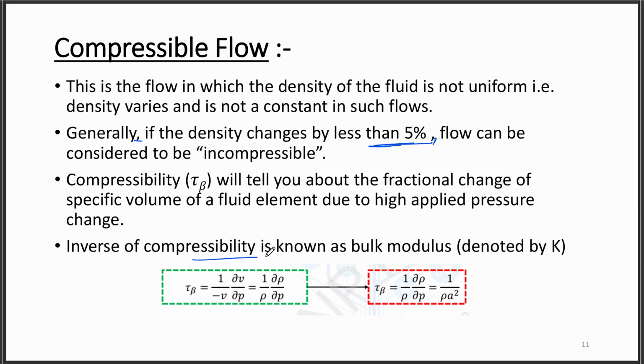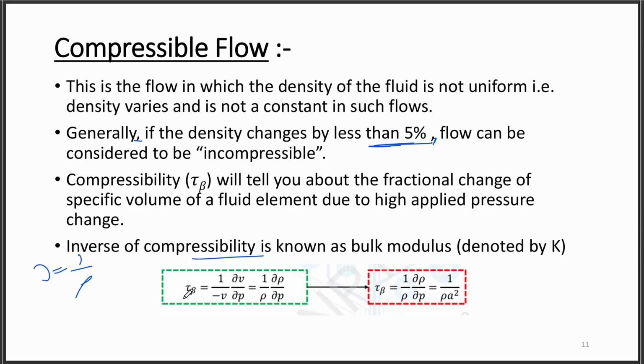And inverse of this compressibility is known as bulk modulus, which we denote by K. So here this specific volume is given by 1 upon rho.